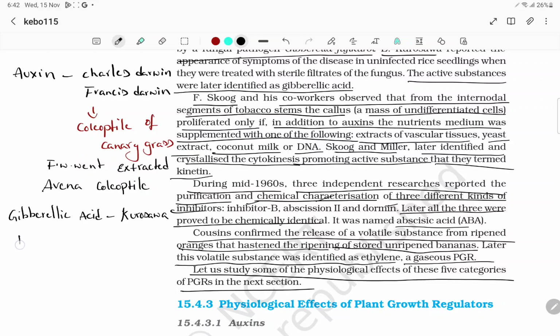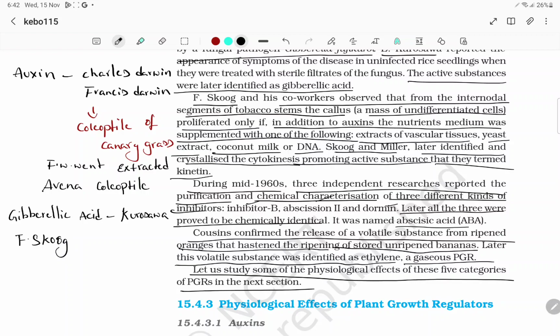And next is F. Skoog and co-workers, Skoog and Miller and his co-workers.